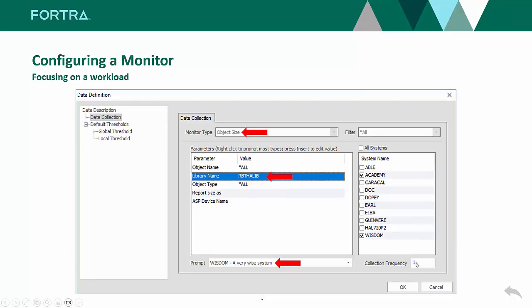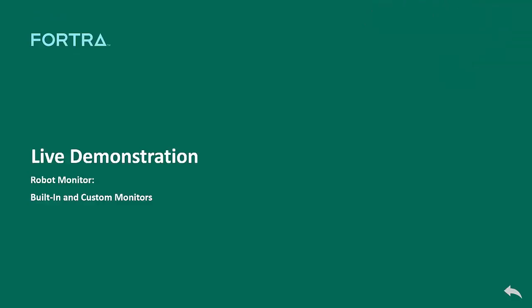That is a collection frequency of 1. If you think that's too often, you don't need to collect it that often. You could say, for instance, I want to use a collection frequency of 10. That would be once every 5 minutes, or once every 10th 30-second collection, we're going to collect this data from your systems.